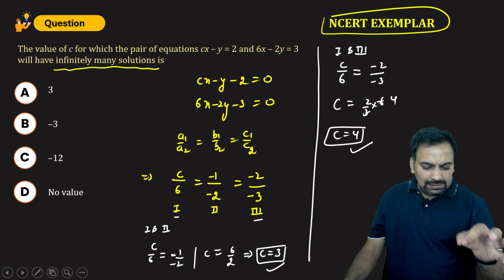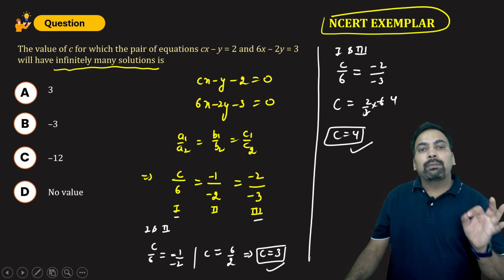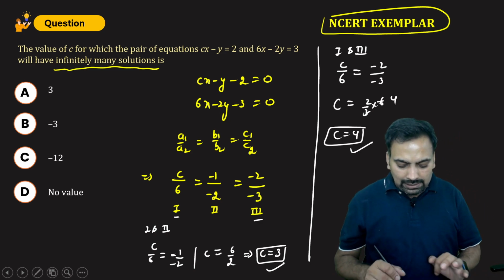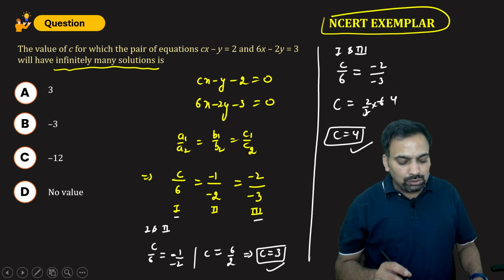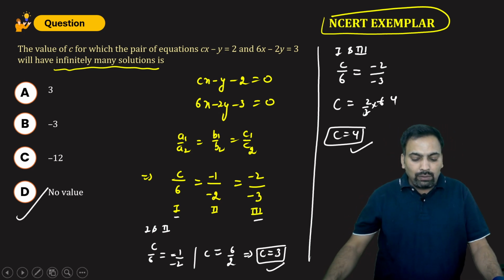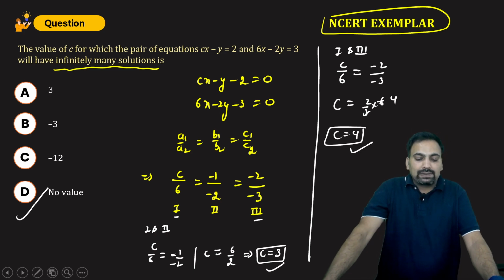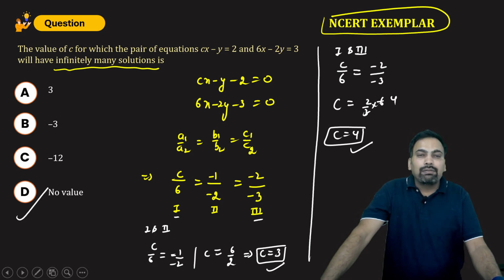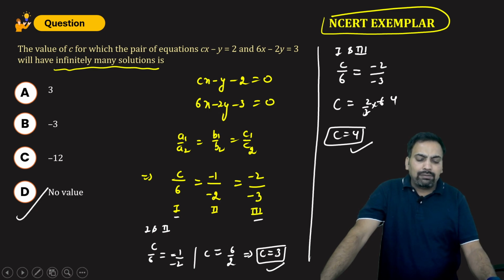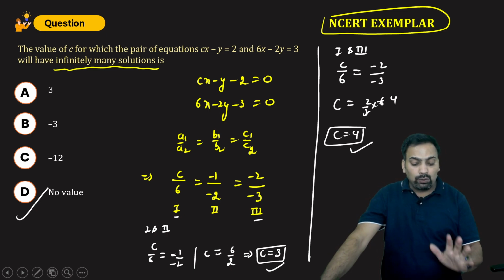It means there is some problem in this equation, or you can see B1 upon B2 and C1 upon C2 are not equal. So there is no value of C that satisfies this to have infinitely many solutions.